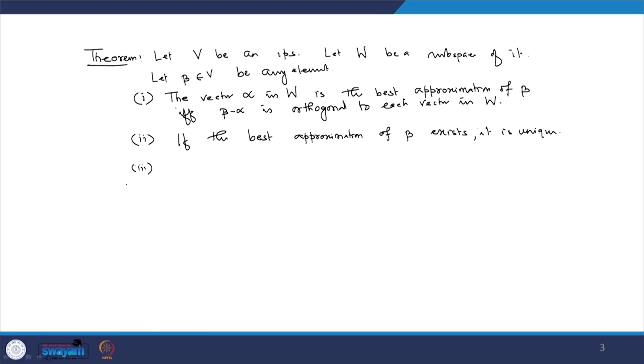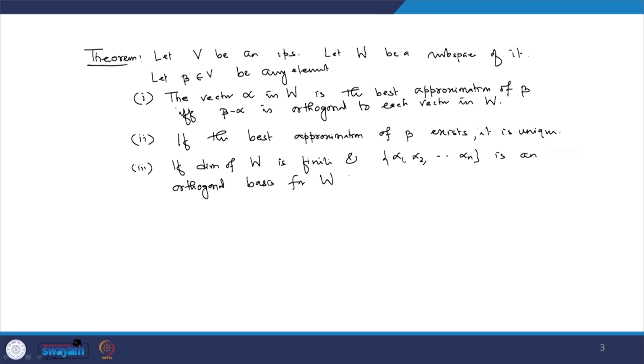Third, if the dimension of W is finite and alpha 1, alpha 2, ..., alpha n is an orthogonal basis for W, then alpha equals the sum over k equal to 1 to n of the inner product of beta and alpha k, divided by norm of alpha k squared, times alpha k, and it is unique.